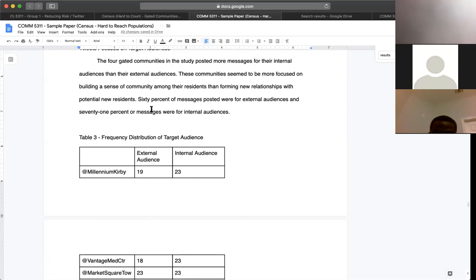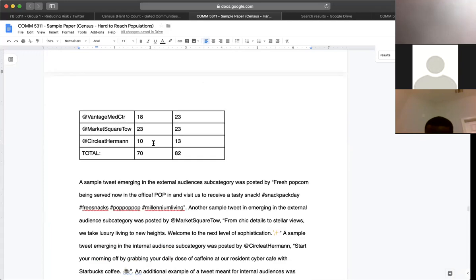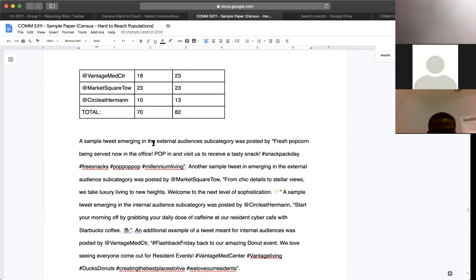And I broke that down into basically 60% of the messages were for external audiences and 71% of the messages were for internal audiences. Some messages overlapped, so they could be for internal or external, but a majority of the messages were for people who live there.